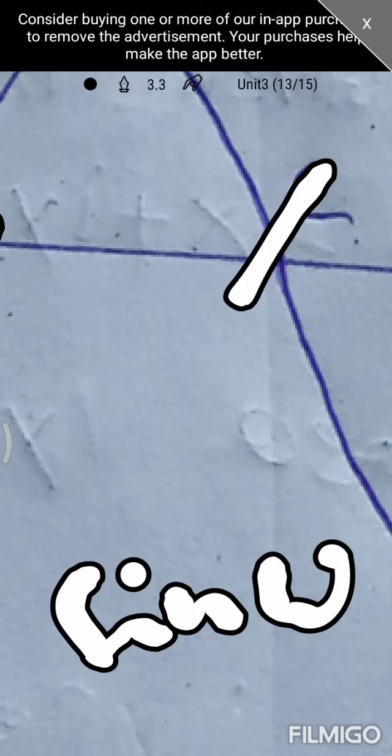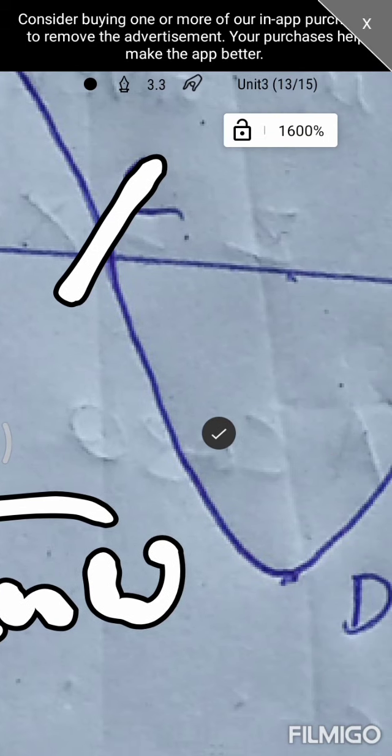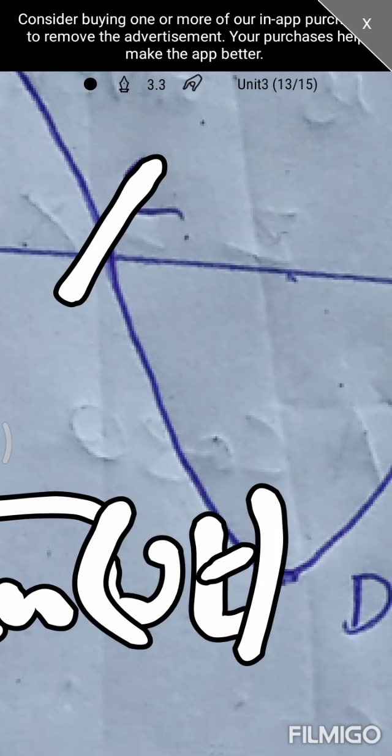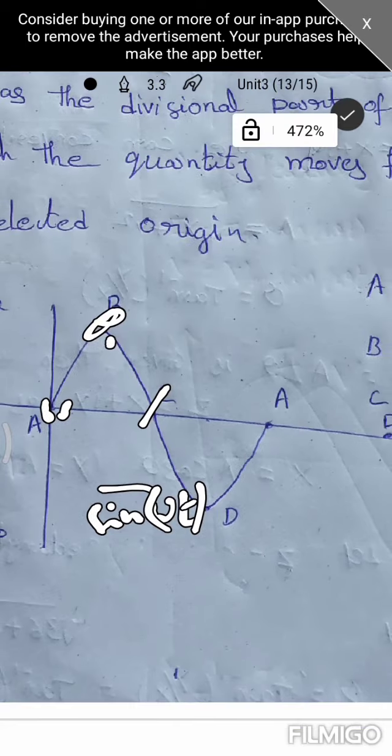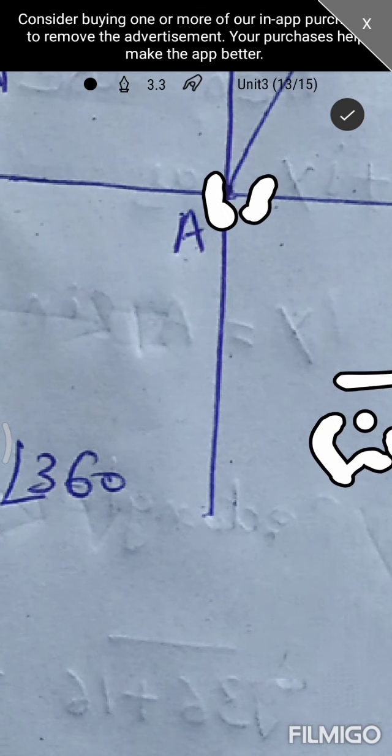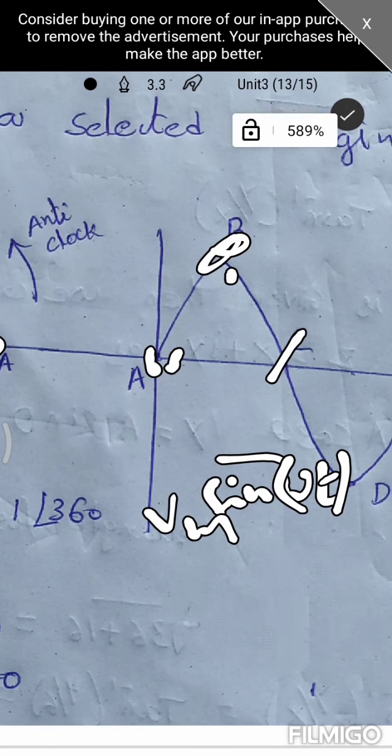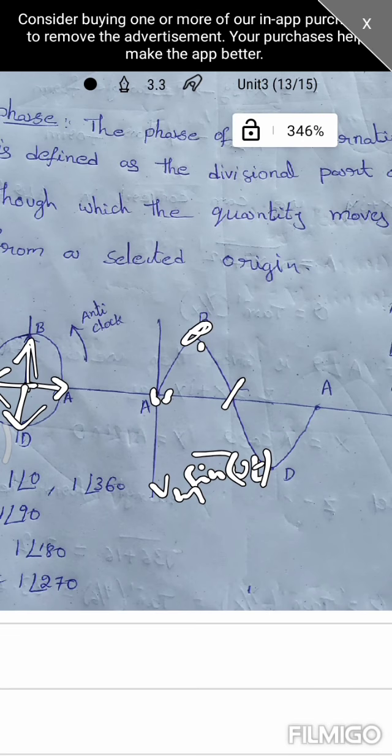Here we are substituting this value as sin omega t. Here Vm is nothing but we are considering as 1 and omega t is nothing but these degrees. That means Vm as 1 and omega t as these degrees.